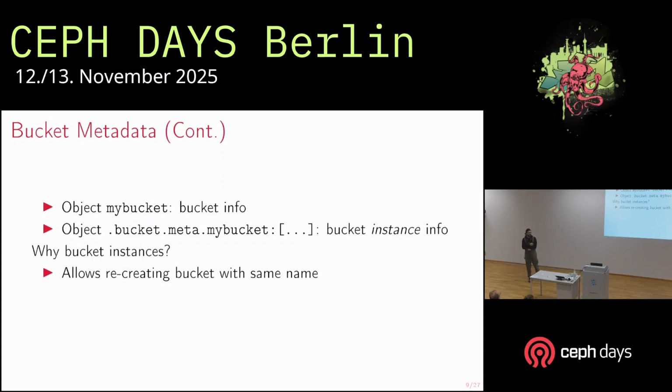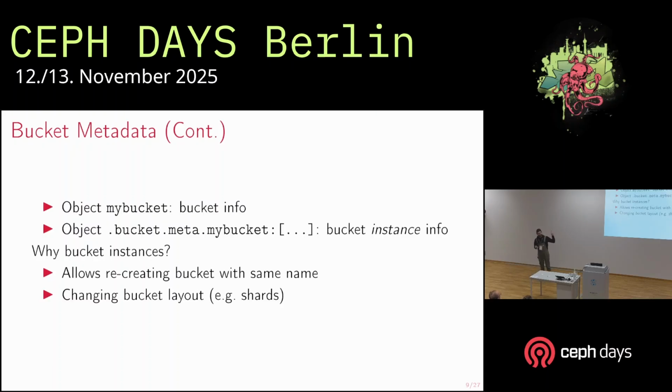The thing is, you have certain situations where there are multiple versions of a same bucket in existence. For example, if you delete the bucket and recreate it, or if you have a multi-site setup, then you have the same bucket in different zones, but they have different contents. And that's why there is different bucket instances for the same bucket.